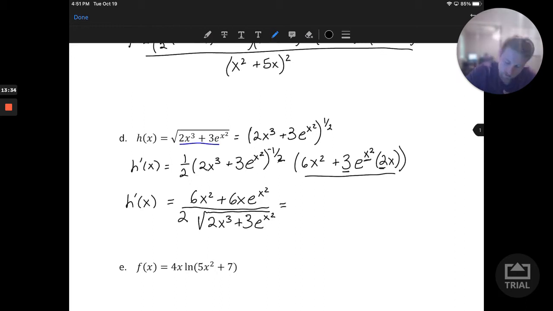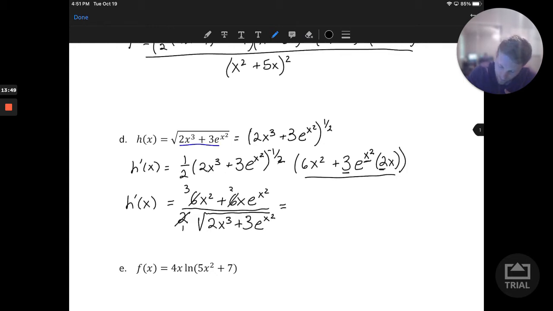And since it's pretty clear to divide numerator and denominator by 2 here, we can just try that. So we'll have 6, the 6 becomes a 3. We'll just cancel out these factors of 2. And we'll be left with 3x squared plus 3x e raised to the x squared, and then our square root in the denominator.